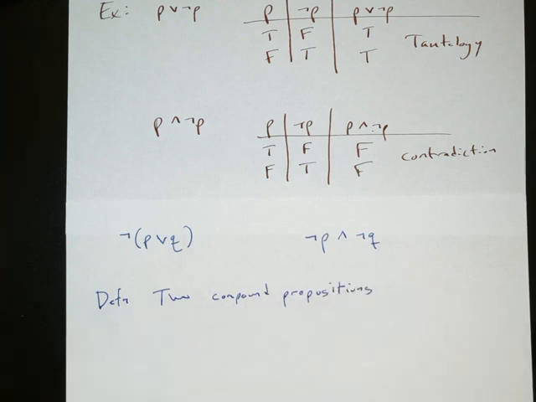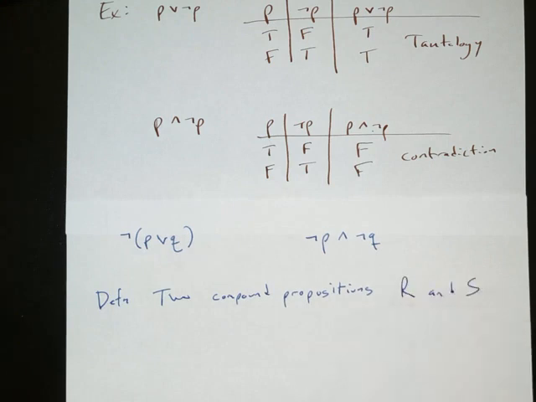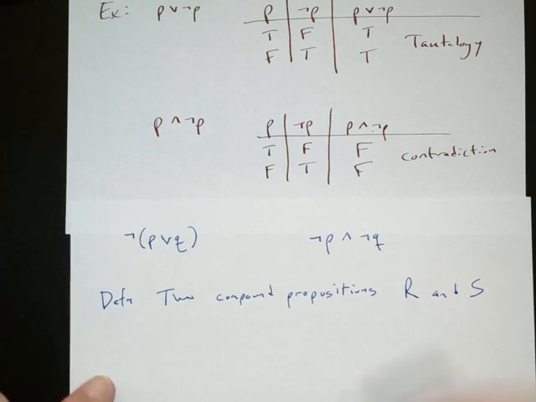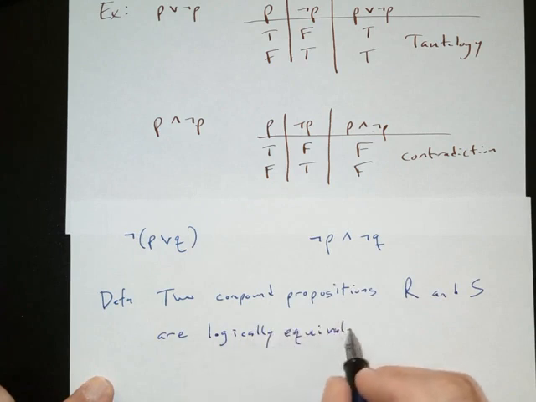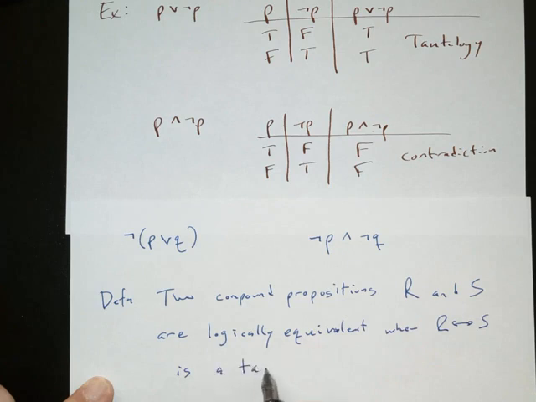I've already used P and Q up here, so I'm going to call my compound propositions R and S for the moment. Two compound propositions R and S are logically equivalent when R if and only if S is a tautology.